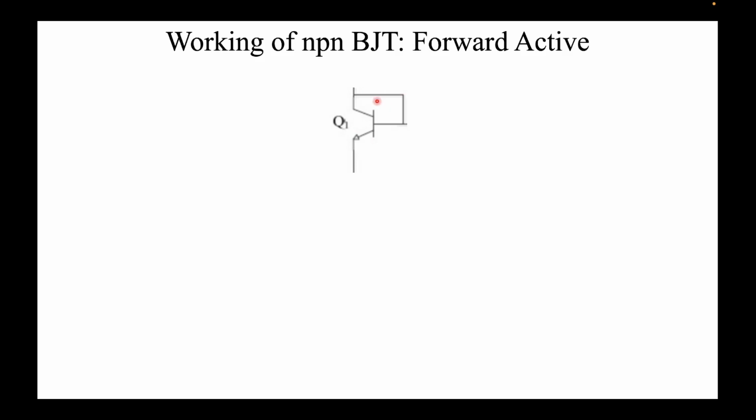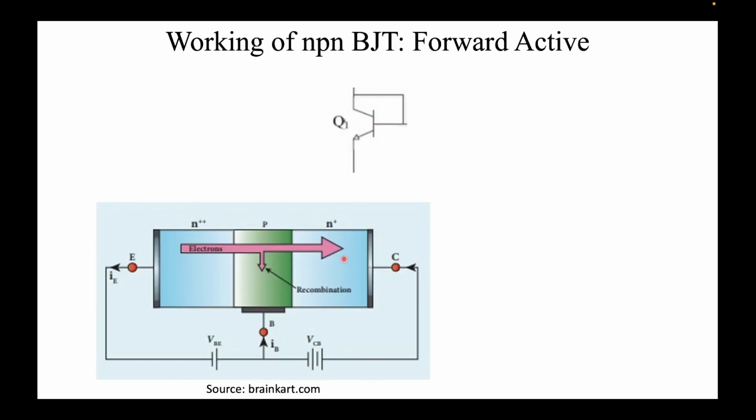All right, so we have assumed that our Q1 transistor is in the forward active mode, and this is the schematic that we can see: this is forward bias, collector base is reverse biased. So VCB in our case will be exactly 0, right, because collector and base are shorted.